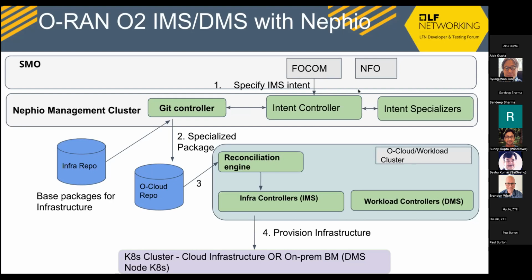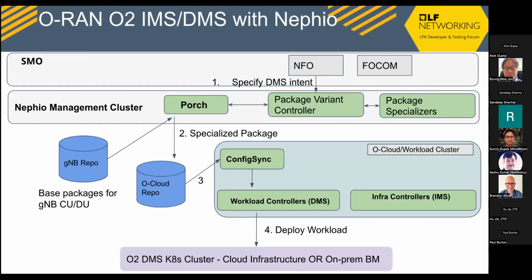There could be a shim layer between, which will serve the standard-specific IMS infrastructure APIs, and in the southbound it will create custom resources with the high-level intents for Nephio. That will complete the picture.